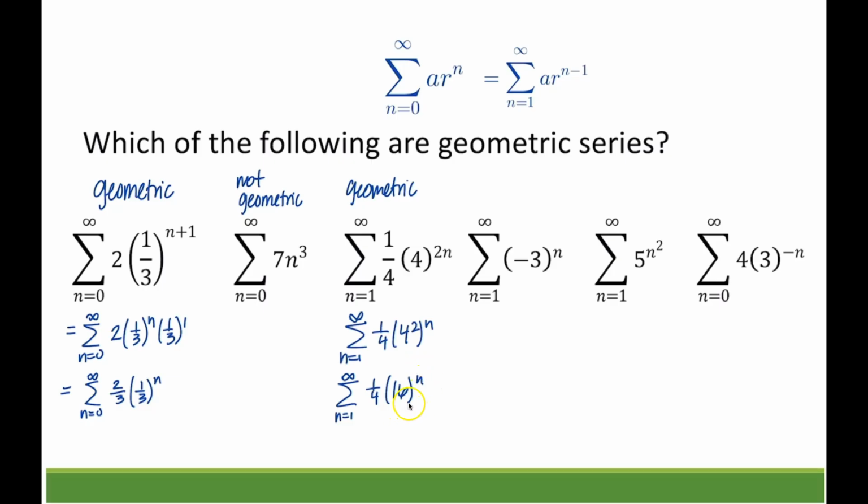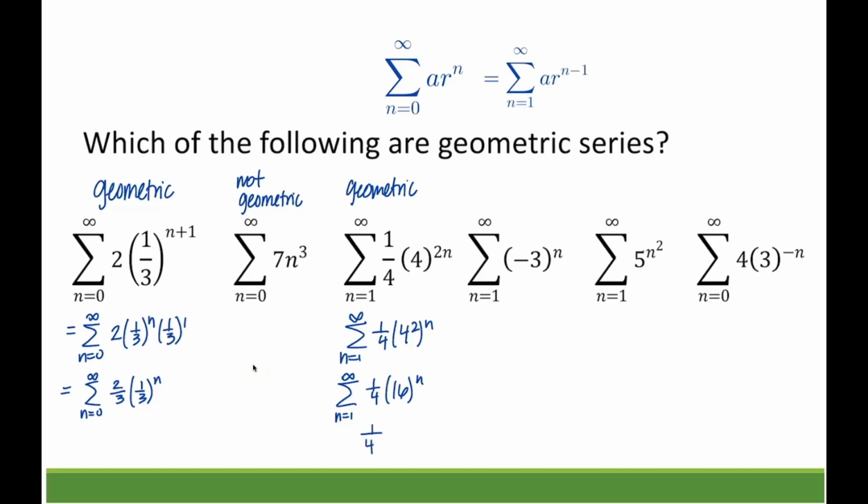But I wouldn't necessarily say it's worth it to rewrite it. We can find the first term by always just substituting in the starting index. So if I substitute in 1, then I'm going to have 16 times 1/4, so just 4. If we want to just practice the algebra there of working with exponents, which is important, I would just factor out a copy of 16 in order to get that n minus 1.